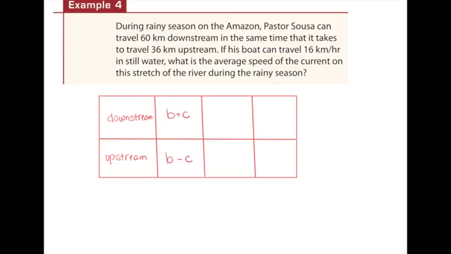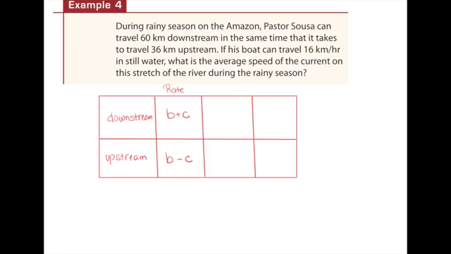So my rate here for problems like this is going to be the motor in which you're traveling, that person, that device, whatever it is, whether it's the airplane or the boat. And then what is helping you, you're going to add. What's hurting you, you're going to subtract. All right? With airplanes, they'll say with the wind. That's like downstream. Against the wind, that's like upstream. Okay?